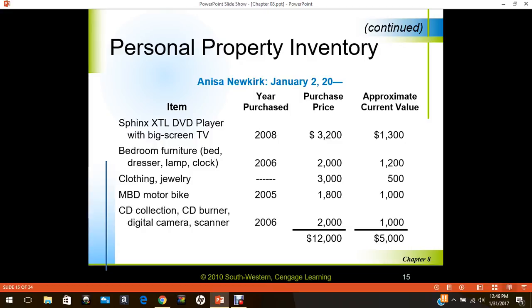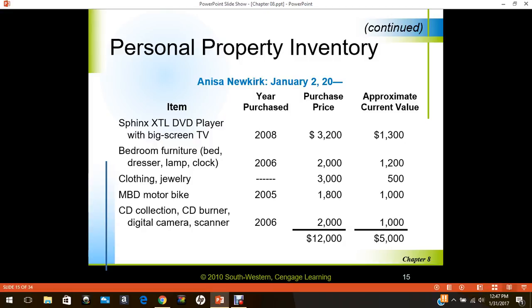Also, a lot of people take photos of these items and attach the photo to the inventory, and keep it in a safe place so it can be evidence in the event that the property is damaged, lost, or stolen.